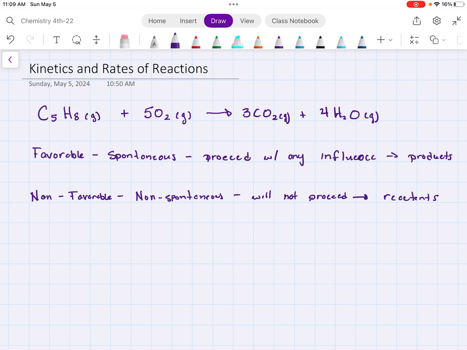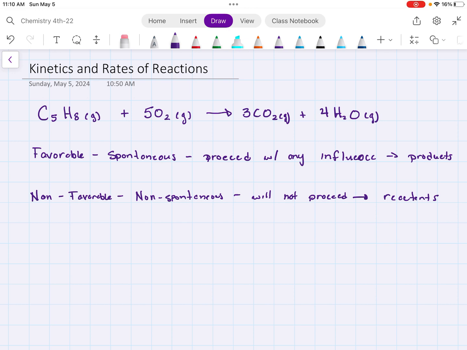The fact that it's proceeding forward has no bearing on the rate or the speed at which it moves forward, right? So what we're going to learn about right now are the factors and the things that affect the rate at which reactions move forward.